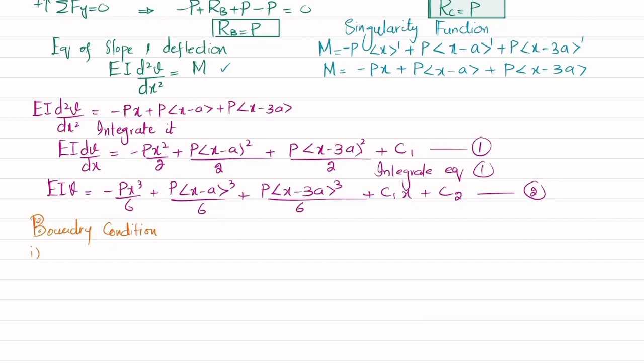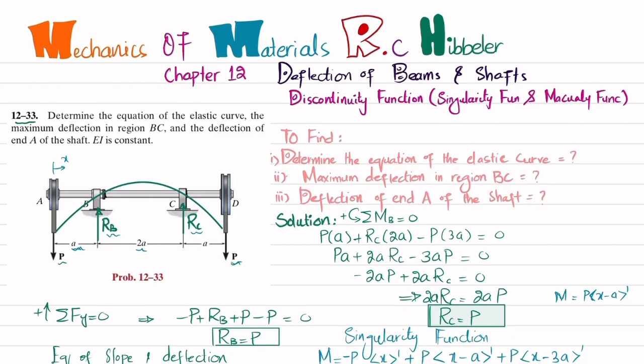So what are the boundary conditions? The first boundary condition is that at x is equal to 2a, we have dv over dx is equal to 0. So let me show you here. Now you can see this is the midpoint.